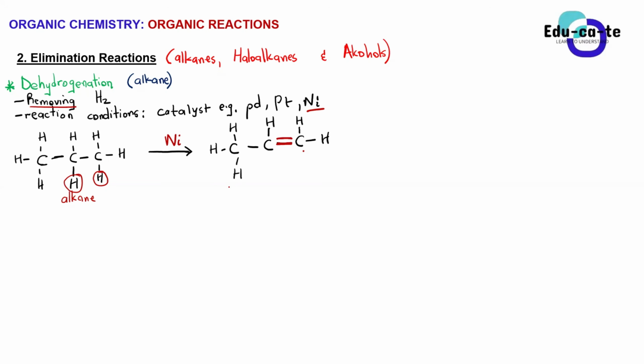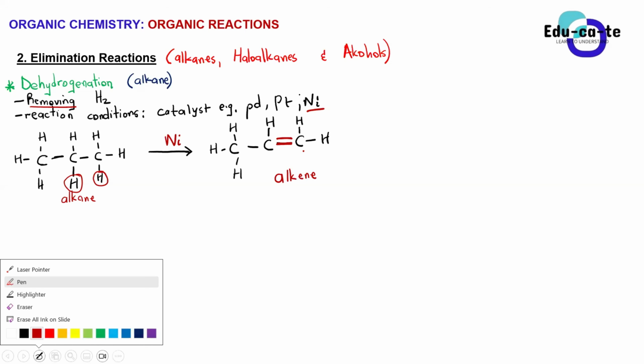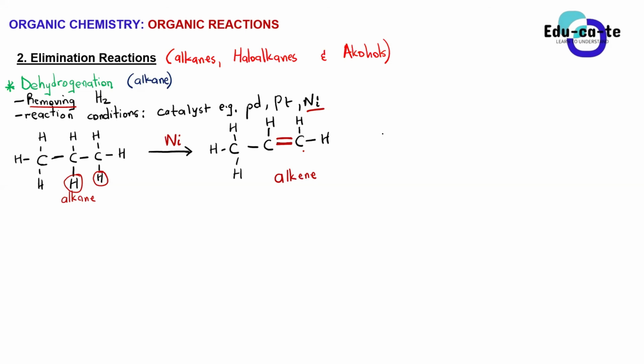So in other words, you can see that we have transformed our alkane into an alkene. But the other product that we are also going to have, since we are removing these two hydrogens, is that they'll be connected with one another to form H single bond H, or you can say H2.